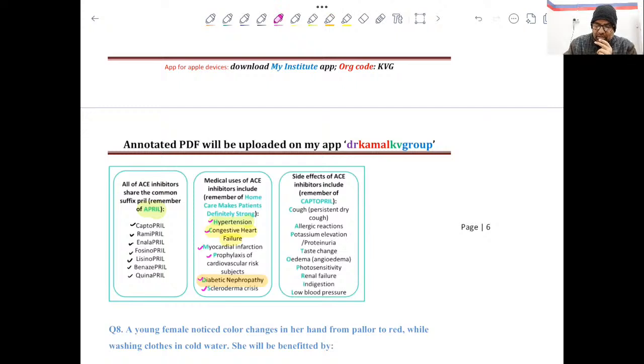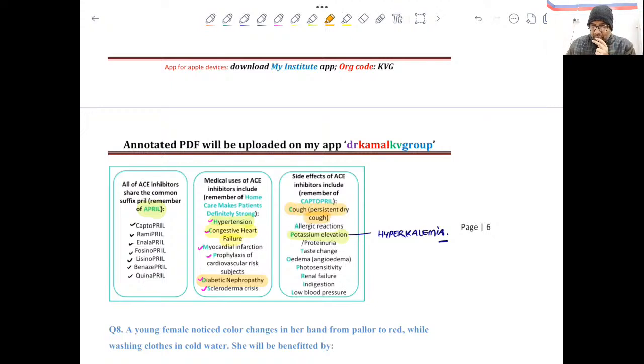And the side effects, one of the important side effects is potassium elevation, and this is what? Hyperkalemia. Clear? This is an important side effect. Then apart from that, they can cause dry cough, which is very important for ACE inhibitors.